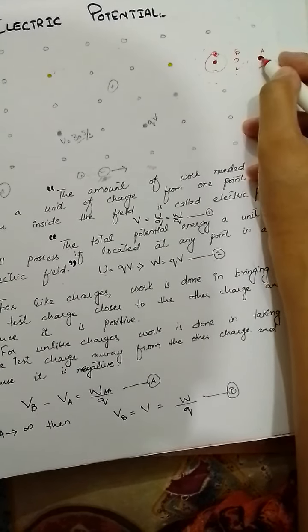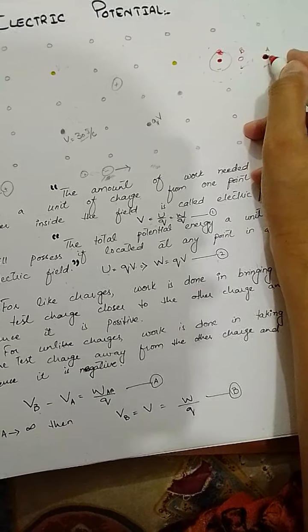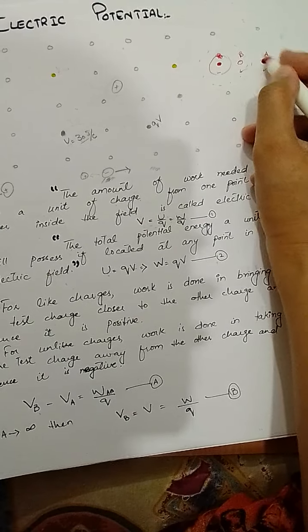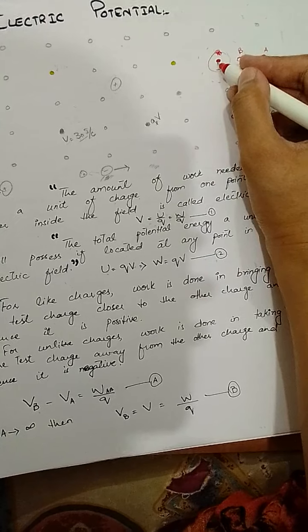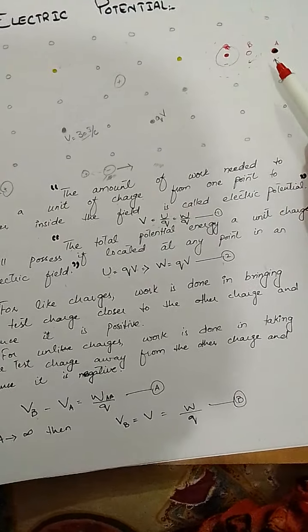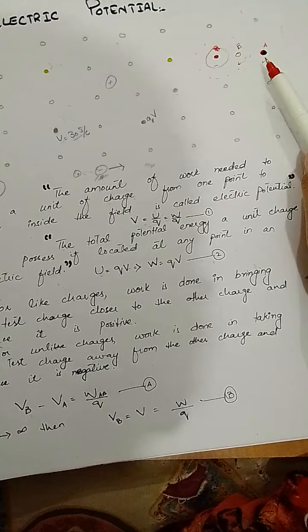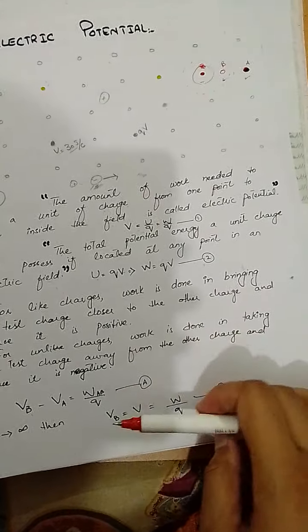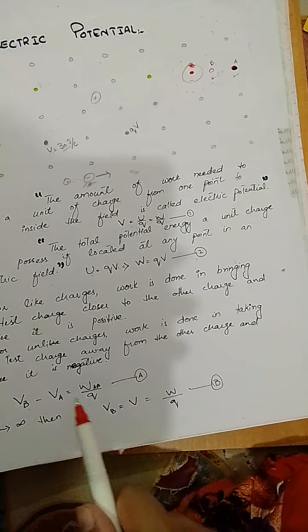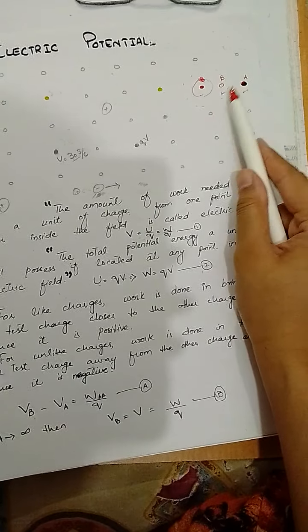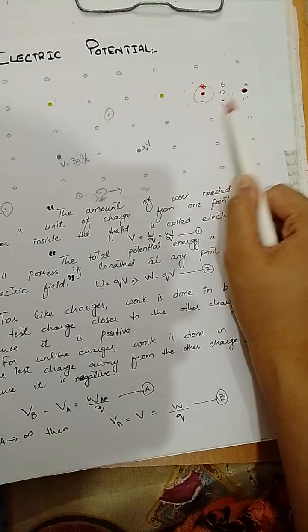and as these are two like charges, they will try to repel each other. So if I want to bring this charge over here closer to this charge, we have to provide positive work, and this work done divided by per unit charge is equal to the difference between these 2 points, the electric potential at these points.